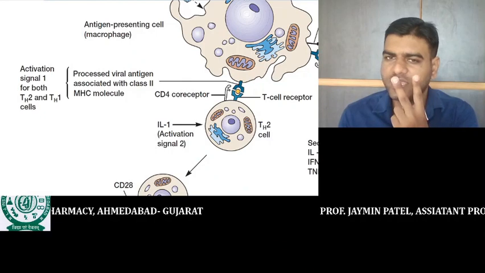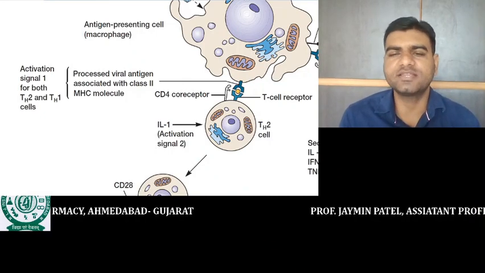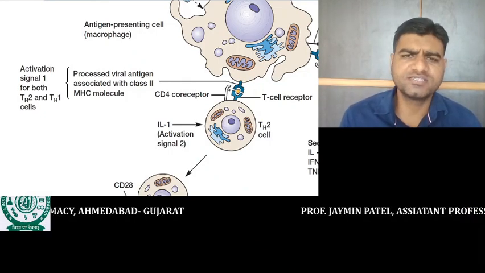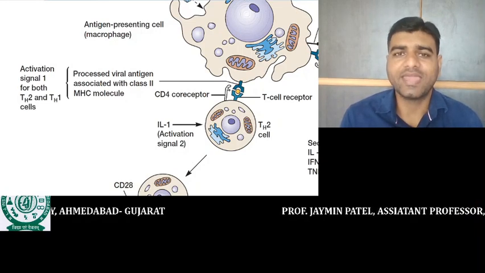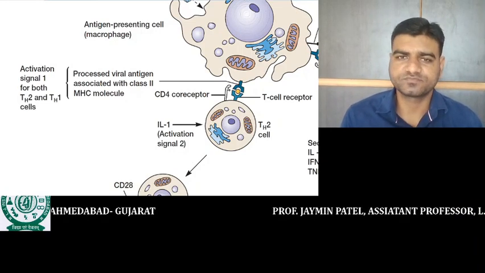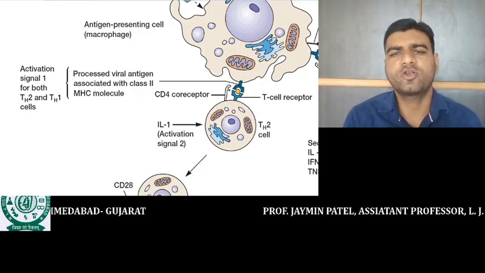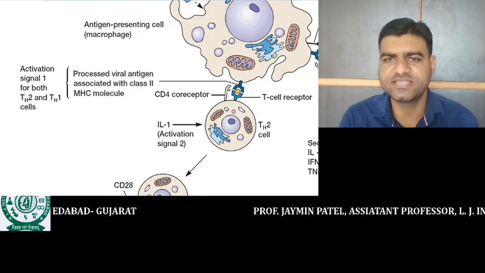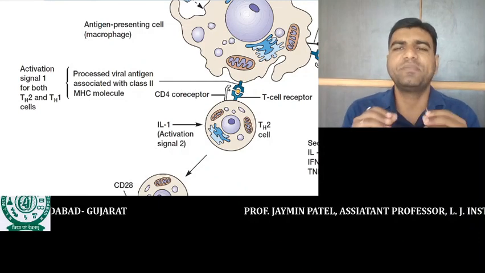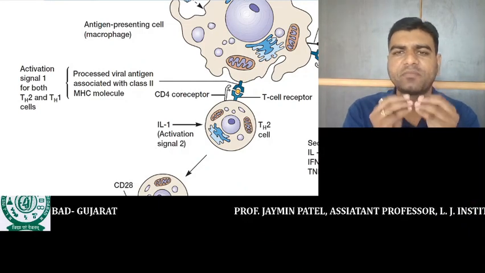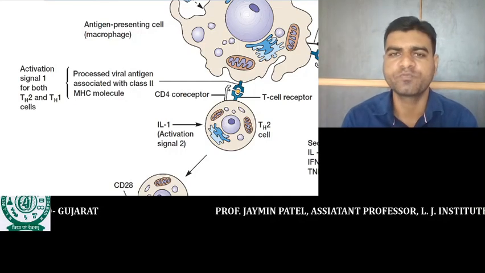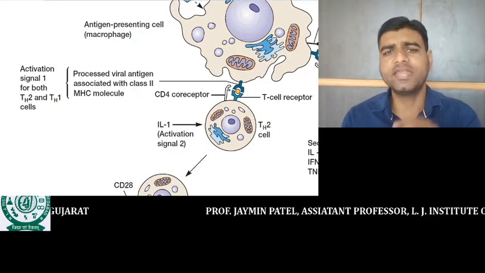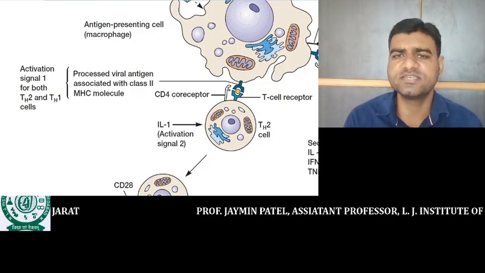Again, the Th2 cell is activated by two signals. The first signal is the connection between the MHC class 2 and the T cell receptor. When any microorganism enters the APC cell, phagocytosis occurs and fragments of that microorganism form. Those peptide fragments are collected by the MHC class 2 and presented on the surface of the APC cell.